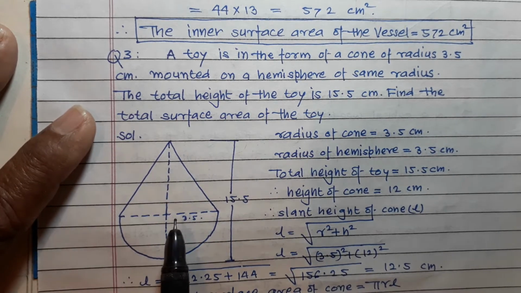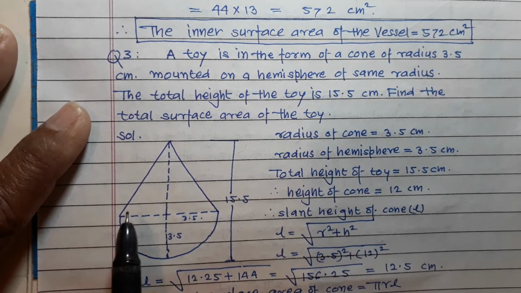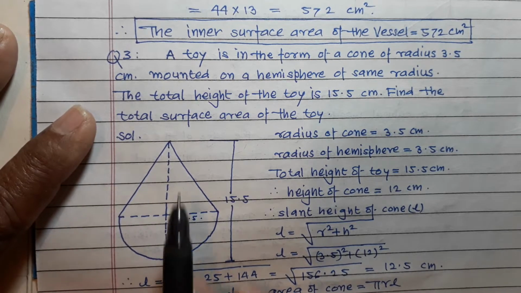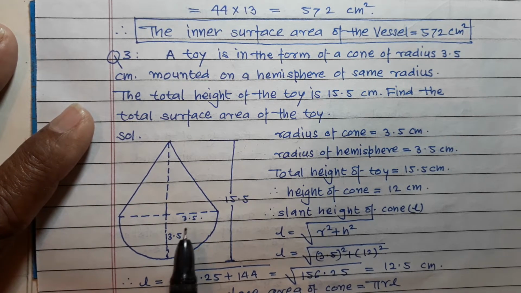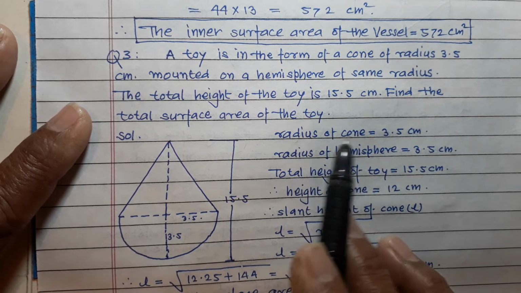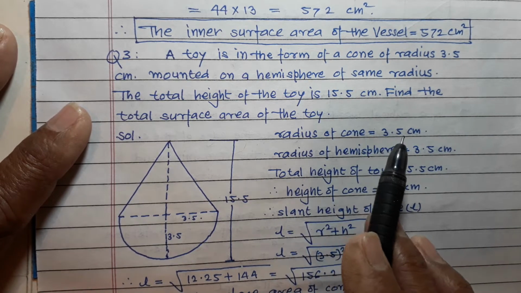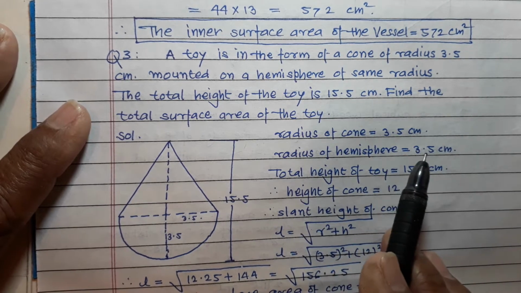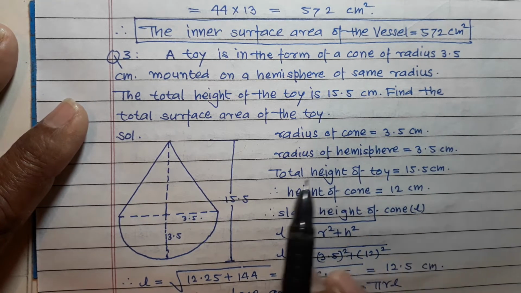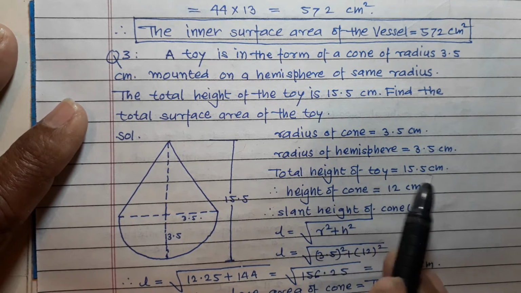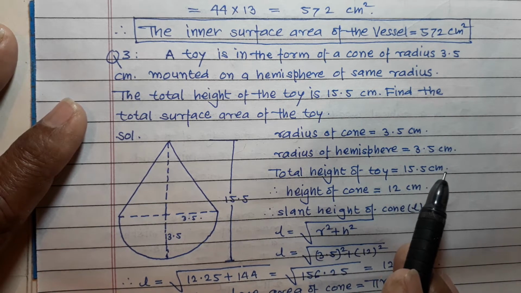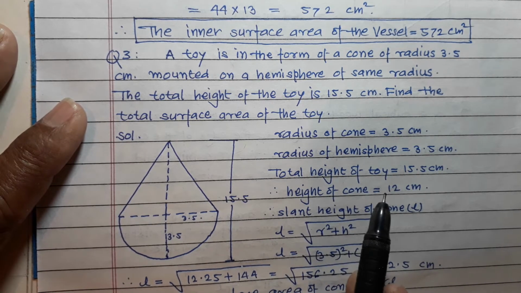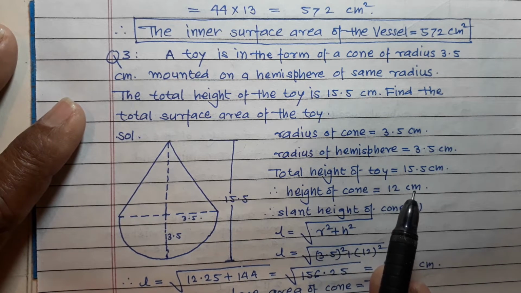So this is a toy. The cone is mounted on the hemisphere and the radius of the cone is given. So the radius of the cone is equal to 3.5 centimeter. The radius of the hemisphere is equal to 3.5 centimeter. The total height of the toy is equal to 15.5 centimeter, and therefore the height of the cone is equal to 12 centimeter.